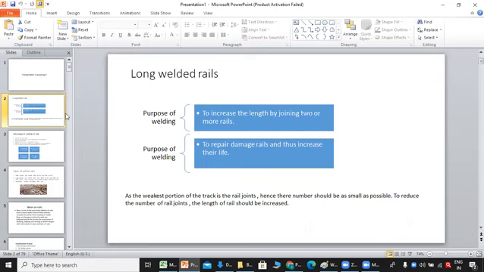There are so many reasons, but in short, welding is to repair damaged rails and thus increase their life.